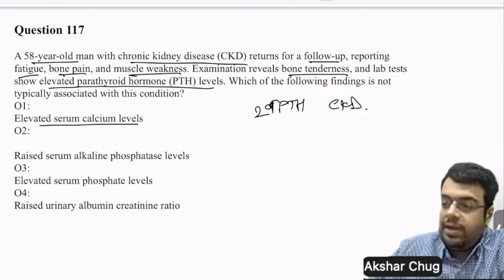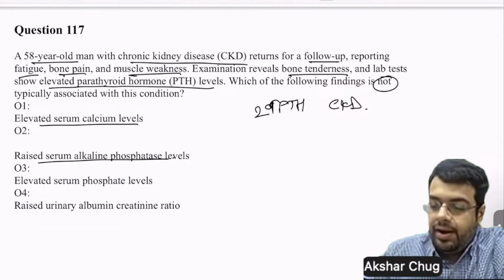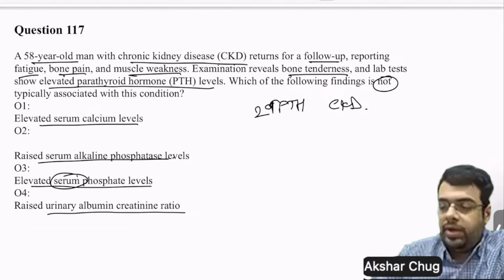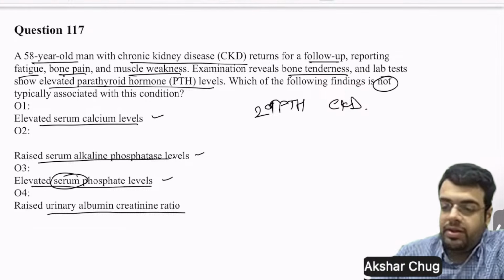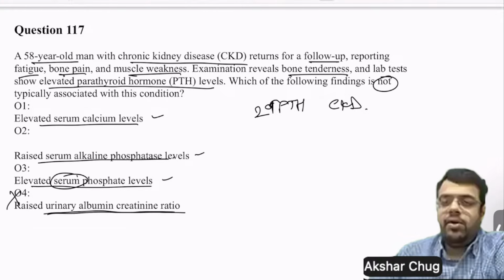We are asked which will not be seen. Raised serum alkaline phosphatase, again, this would be seen. Elevated serum phosphate, okay. Raised urinary albumin to creatinine ratio. Elevated serum phosphate would be seen, but urinary phosphate would be low. So this would be seen, this would be seen, this would be seen, but this would not be seen. There is no problem in albumin or creatinine ratio.